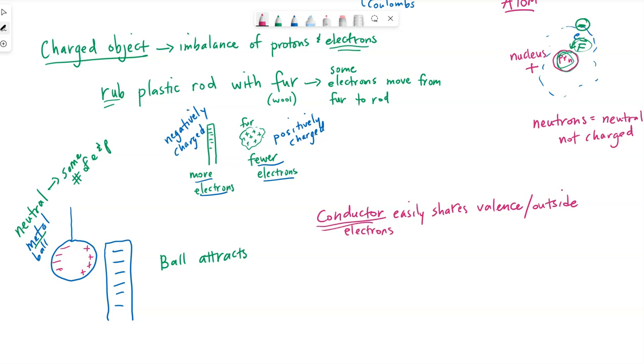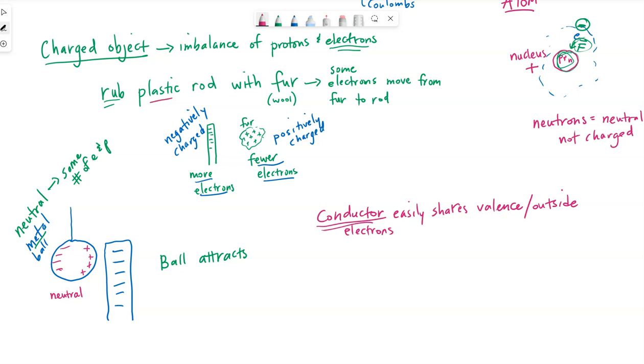But notice, if I add up the positive and negative I have drawn, it is still neutral. I drew 4 negatives on the left, 4 positives on the right. Because there has not been any contact between the ball and the rod yet, that ball is still neutral.